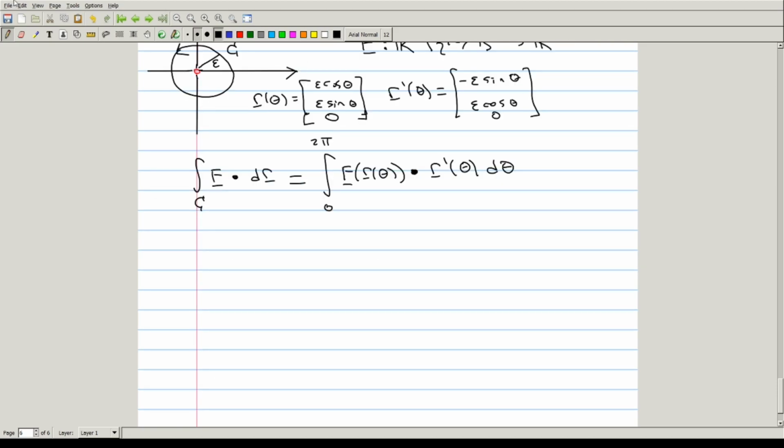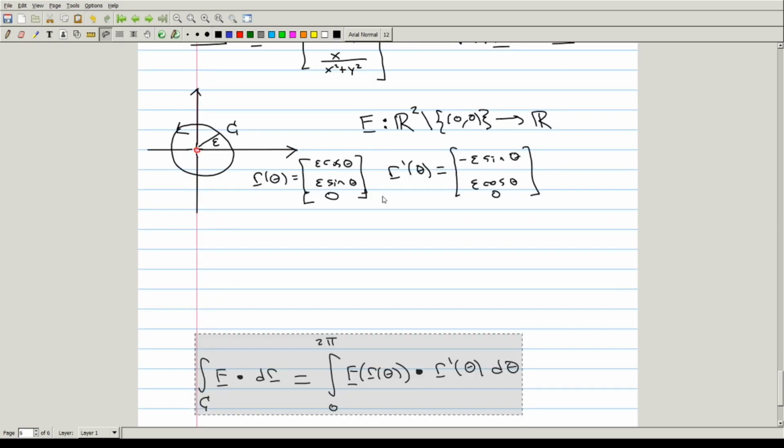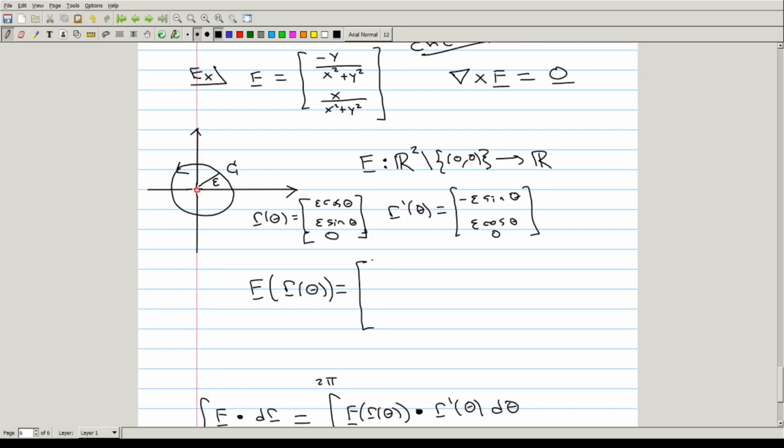And when you plug in to find f of r of theta, that's plugging r of theta into the vector field f, this is equal to negative epsilon sine theta, and x squared plus y squared will just be epsilon squared.